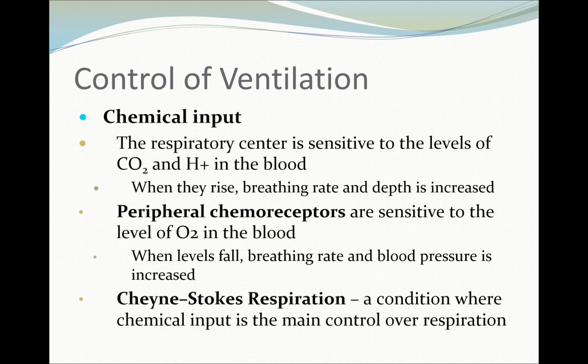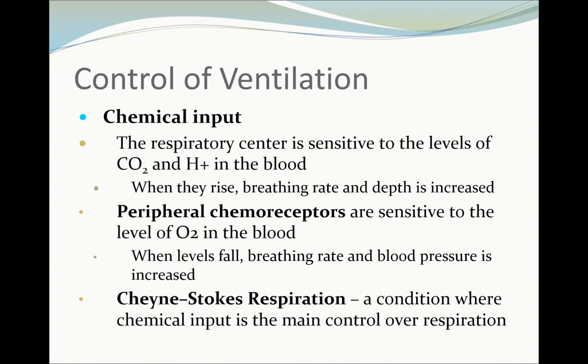Other controls of ventilation include chemical input. The respiratory center is sensitive to the levels of carbon dioxide and hydrogen ions in the blood. The medulla oblongata, in particular, is sensitive to carbon dioxide. So when carbon dioxide and hydrogen ions rise, breathing rate and depth are increased because we need to get the carbon dioxide out so we don't become acidotic.